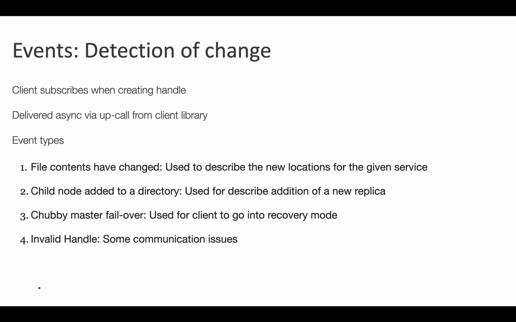Now we're going to talk about events, detection of change. The client subscribes when creating a handle, and events are delivered via upcall from the client library. There are some event types that happen in Chubby: file contents have changed, a child node has been added to a directory, the Chubby master failed, an invalid handle, or some communication issues happened.